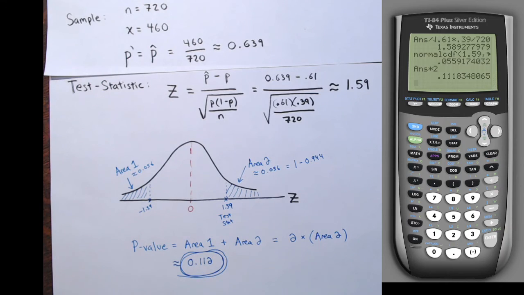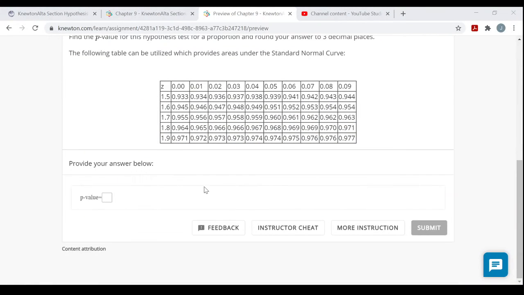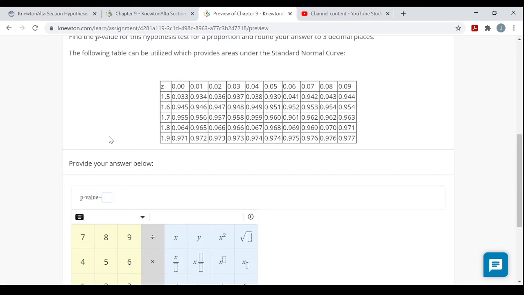So either way, whether you look at the table or use the calculator, round to 3 decimal places, the area of both of these tails, for a two-tailed test, the p-value for our test statistic is 0.112. So that's all they're asking for here, 0.112. And then you would use this p-value and compare it to alpha.